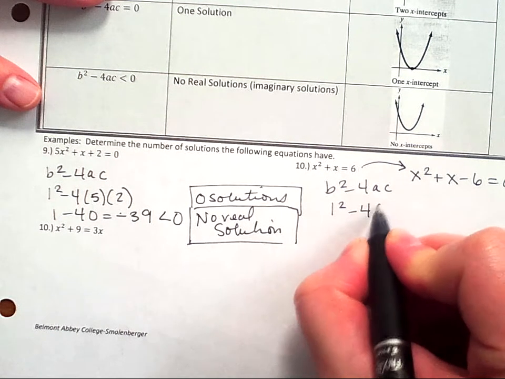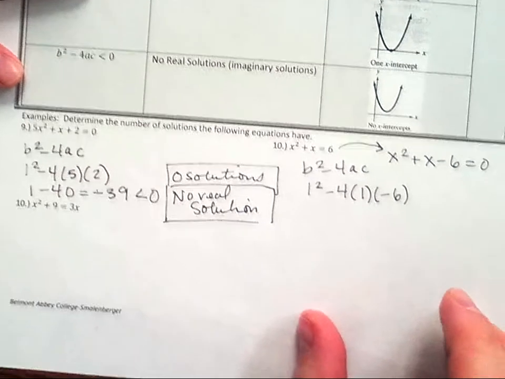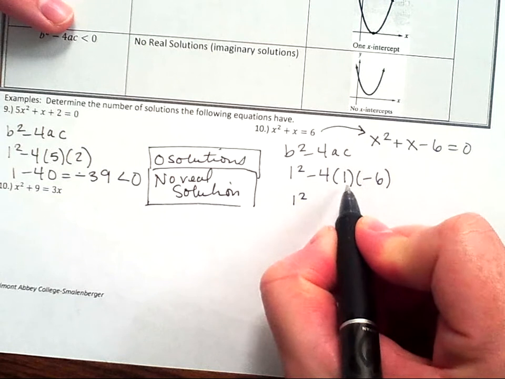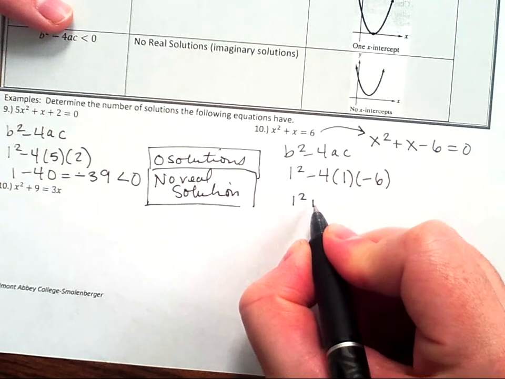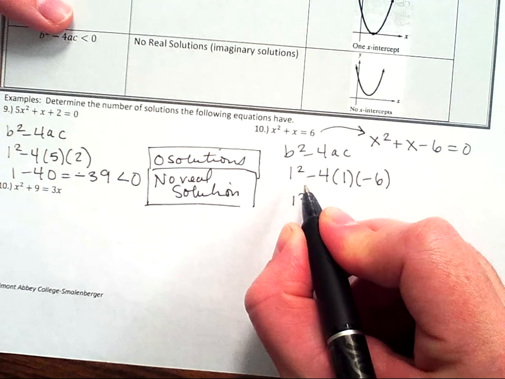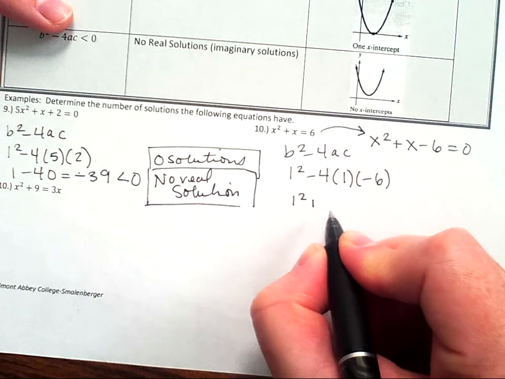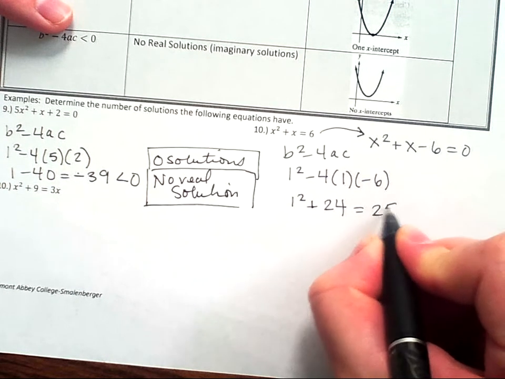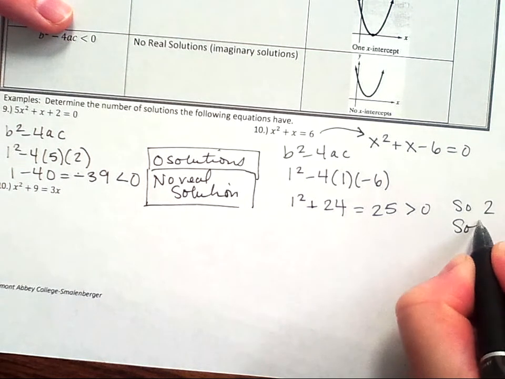So I have b squared minus 4 times a times c. So I have 1 squared minus 4 times 1 times negative 6 is what? Positive 24, right? I have the negative. So I get 25, which is positive, so 2 solutions.